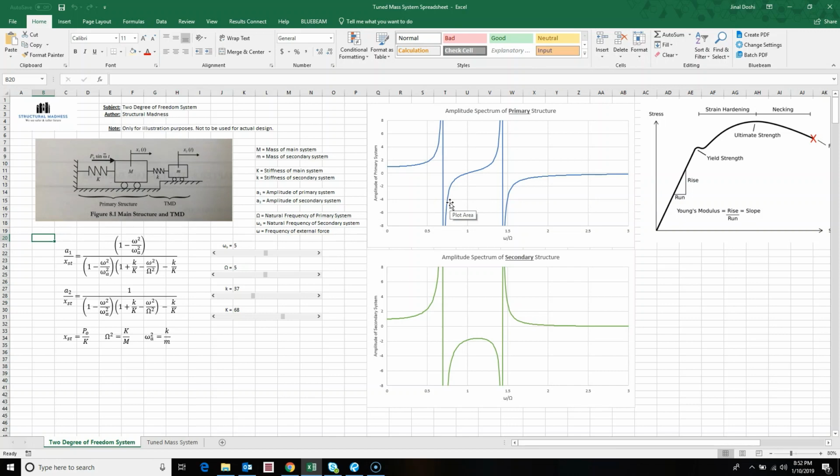That can be achieved only by varying certain parameters for the tune mass damper such that it resonates with either the exciting force, that's the external force P naught sine omega t, or it resonates with both the main structure as well as the exciting force.